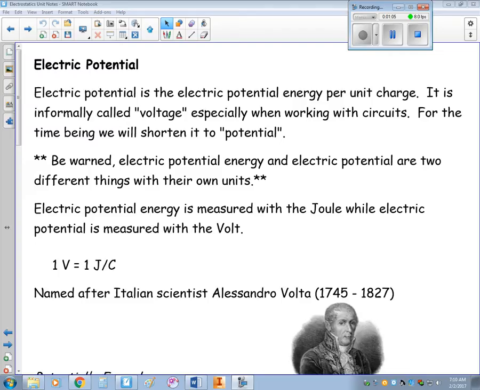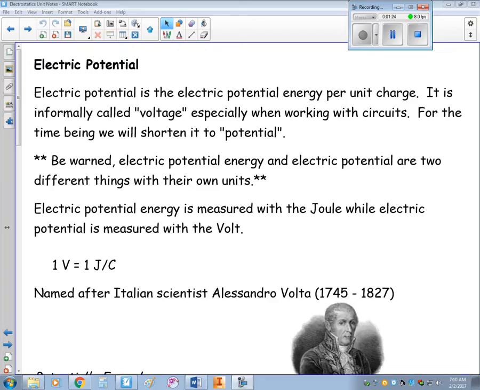So for the time being, we might call this just potential. So the potential, or the electric potential, is measured with a volt. Now, a warning here, electric potential energy and electric potential are two different things. They each have their own unit.